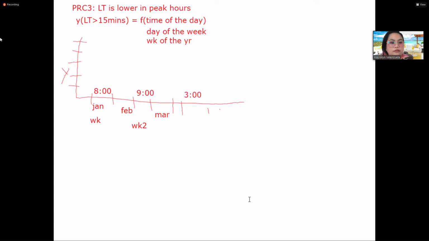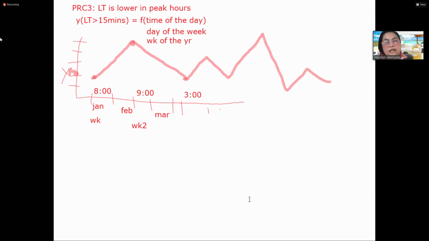So at 8 o'clock, my lead time is at 15 minutes. At 9 o'clock, 10 minutes, for example. At 3 o'clock, it looks like this. So when you draw your time series plot, you will see. Right? At 9, people are awake, the lead time is longer. Because our peak hour is 9 a.m. So it's valid. So that's one thing you can do for a time series plot.